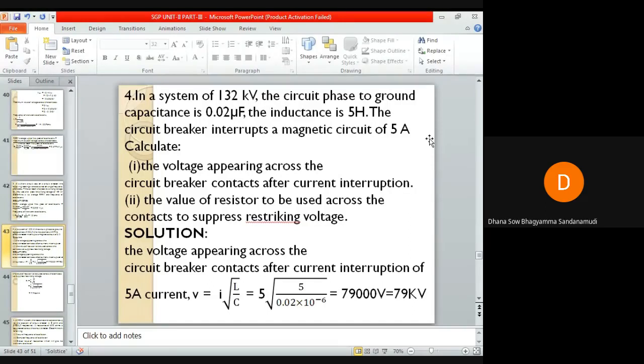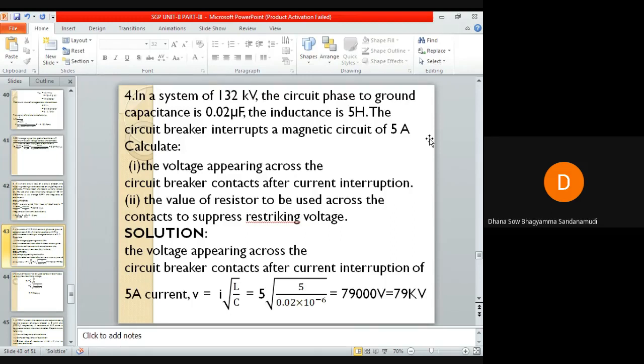So you already know whenever a circuit breaker is interrupting low inductive current, current chopping occurs. You have to calculate the voltage across the circuit breaker contacts after current interruption, and you have to calculate the value of resistor to be used across the contacts to suppress restriking voltage. See, whenever a circuit breaker is about to open on low inductive currents, current chopping occurs.